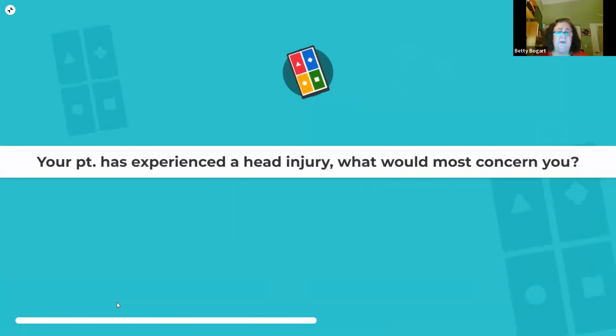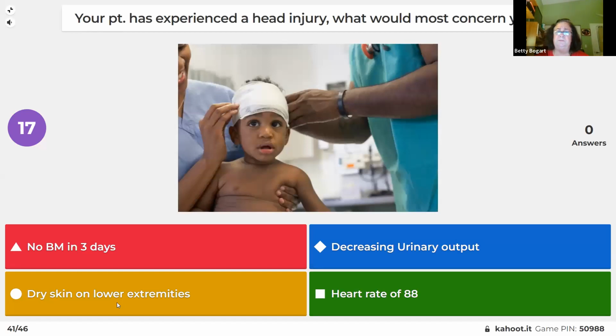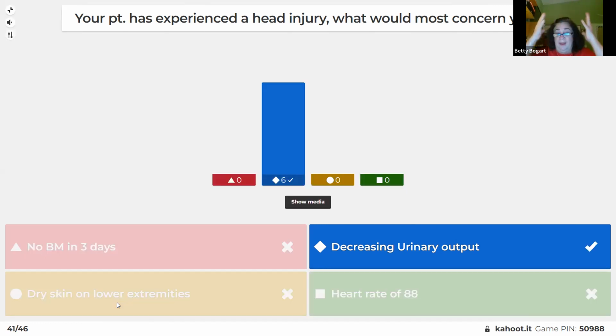Your patient experiences a head injury. What would most concern you? Swelling in the brain can affect the pituitary gland.